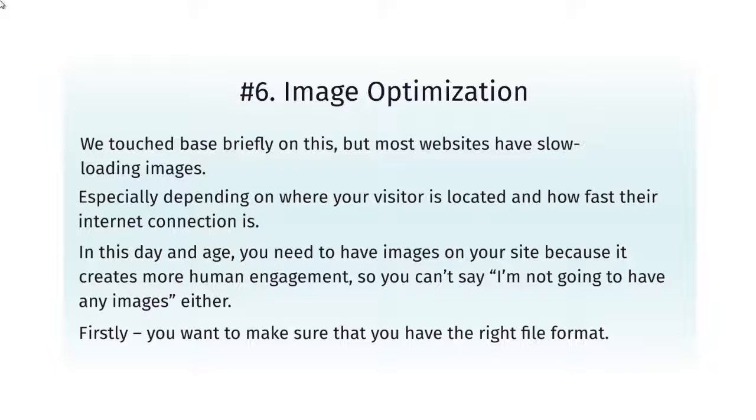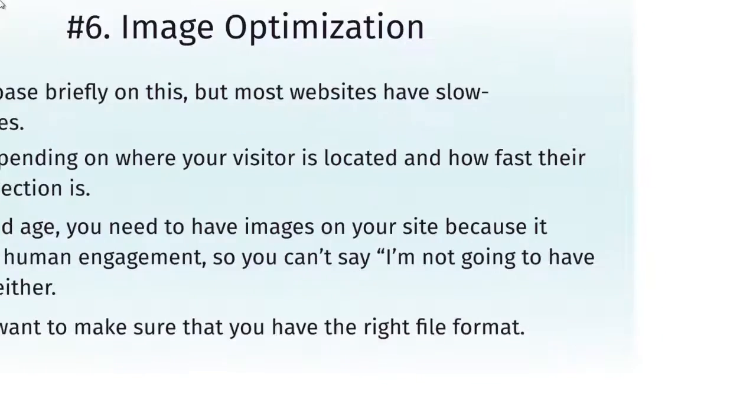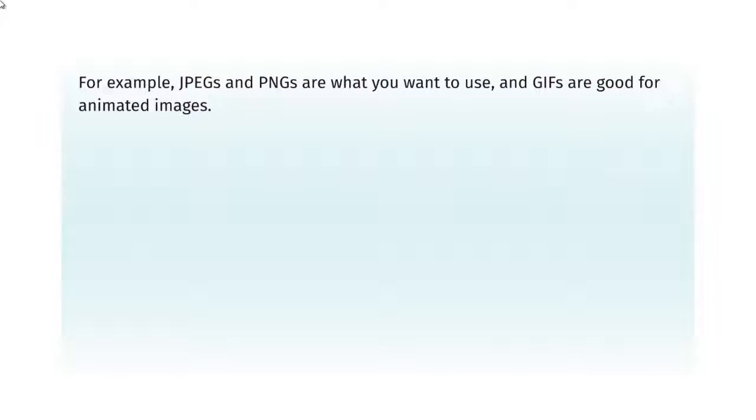One thing to keep in mind is, firstly, you want to make sure that you have the right file format. For example, JPEGs and PNG files are what you want to use when putting images on your blogs, on your WordPress site, and all that.